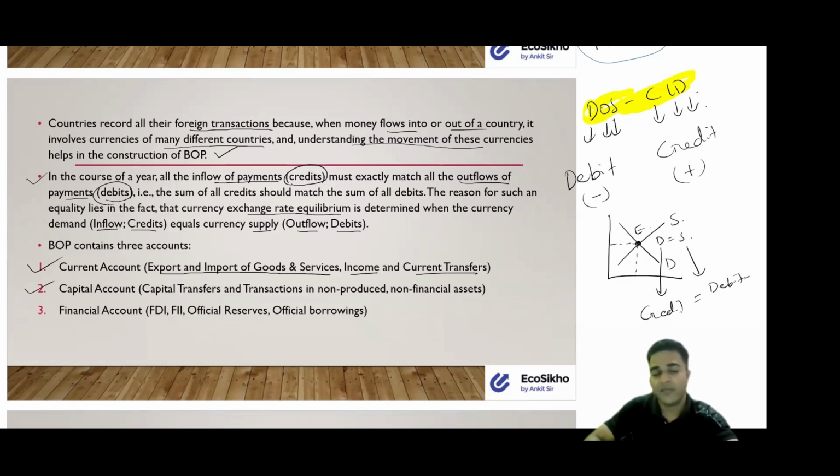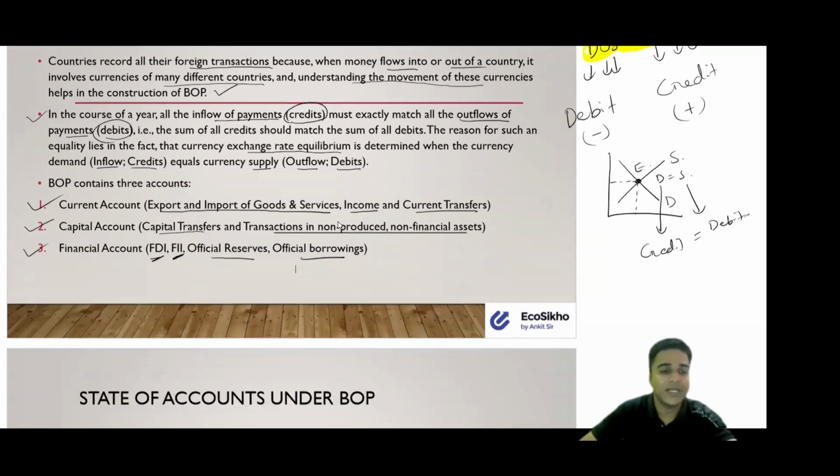That is something that we will also discuss later on, which contains capital transfers and transactions in non-produced, non-financial assets. And finally, the third type of account in BOP is the financial account, which contains foreign direct investment, foreign institutional investments, official reserves, and official borrowings. So let us dive into all of these different types of account in detail.